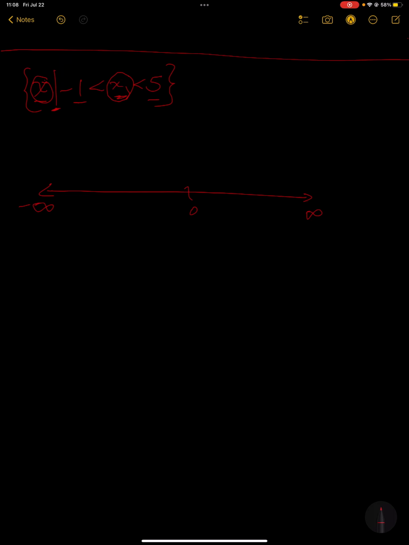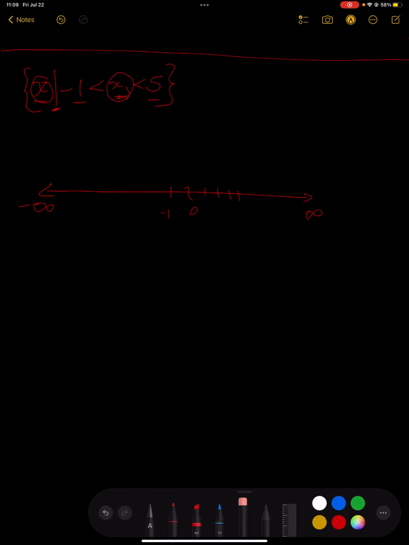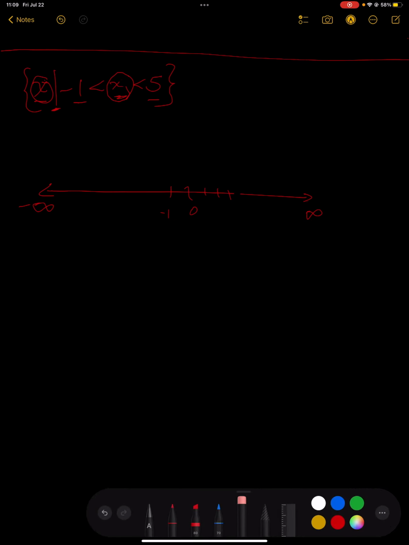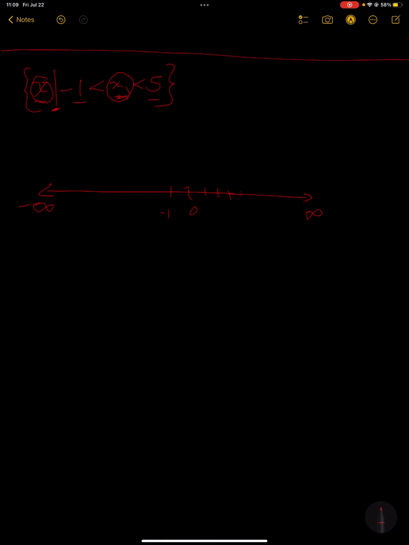Because now we got 0, we go 1 below, that's -1. We go 5 up. 1, 2, 3, 4. So we got 4 and then 5.